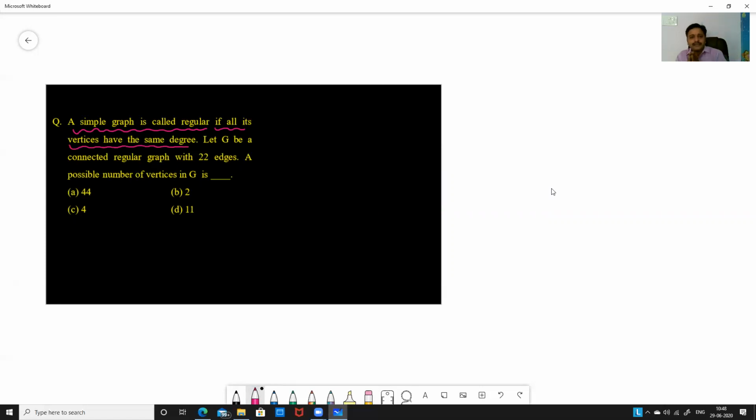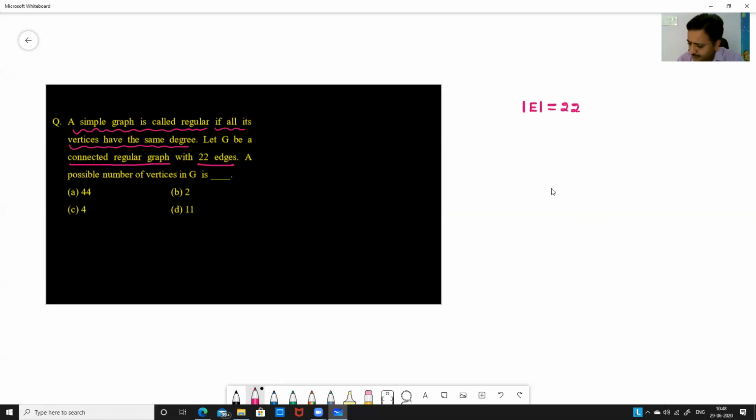I remember in the last video I explained the meaning of a regular graph: in a graph, if every vertex has the same degree, that is called a regular graph. Let G be a connected regular graph with 22 edges. So they clearly mention that the number of edges is 22.